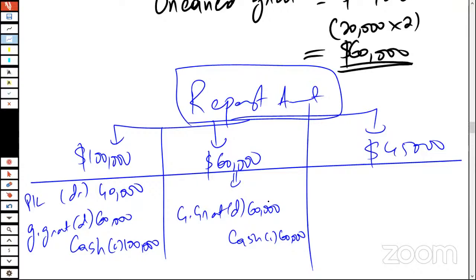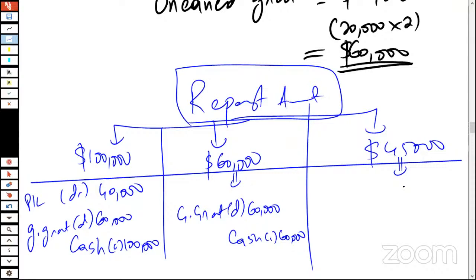Now what next is there? The next situation is, in case you have not met the conditions, but 45,000 of the government grant is required to be repaid. So how exactly are we going to account for it?